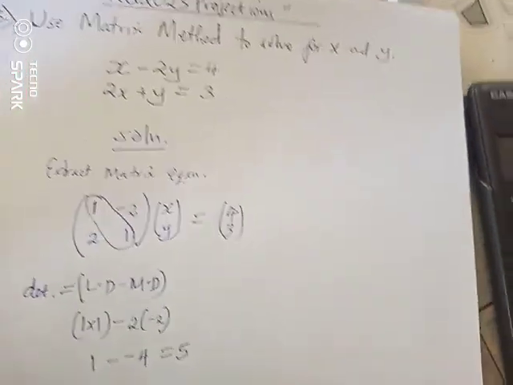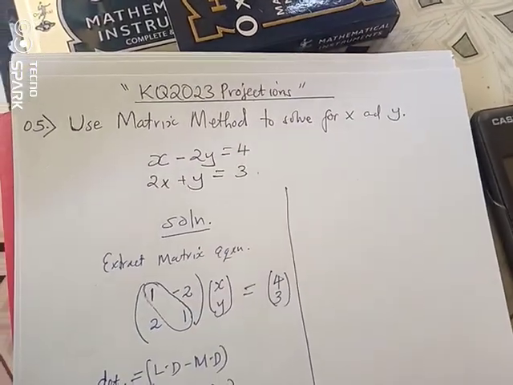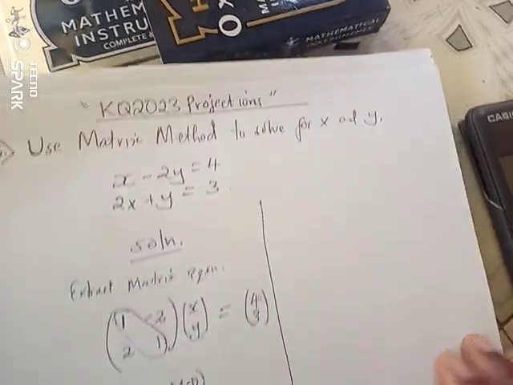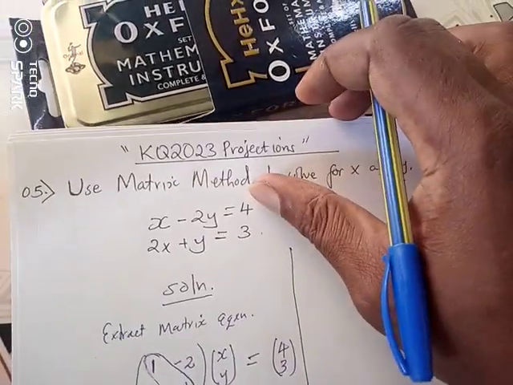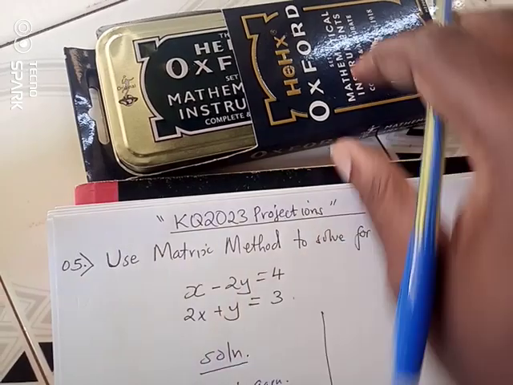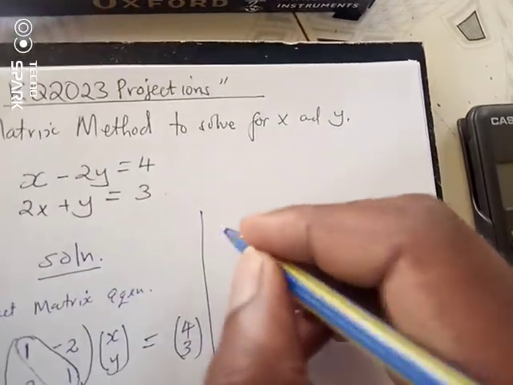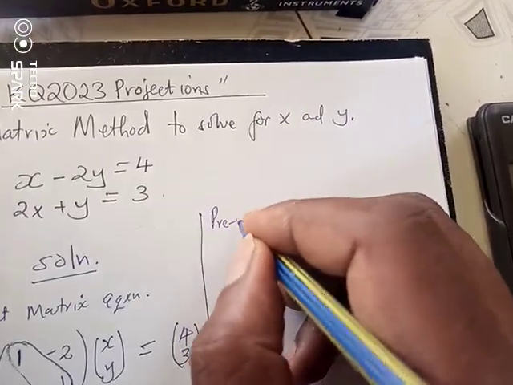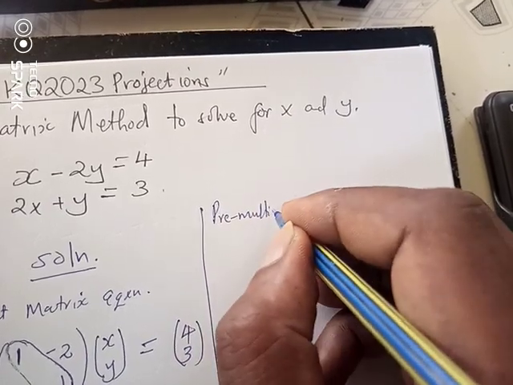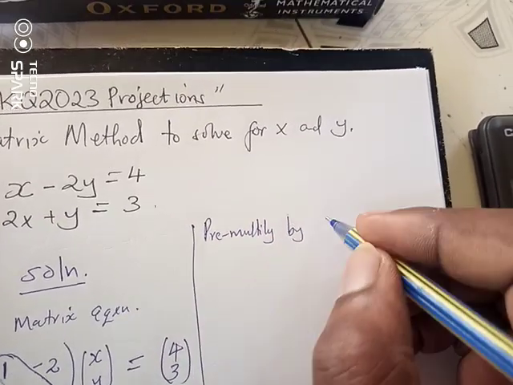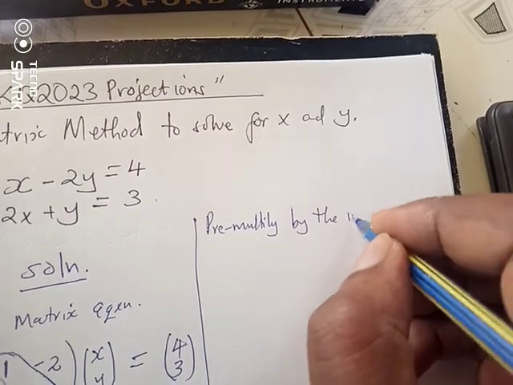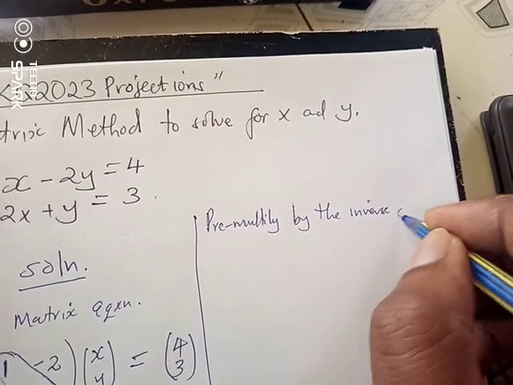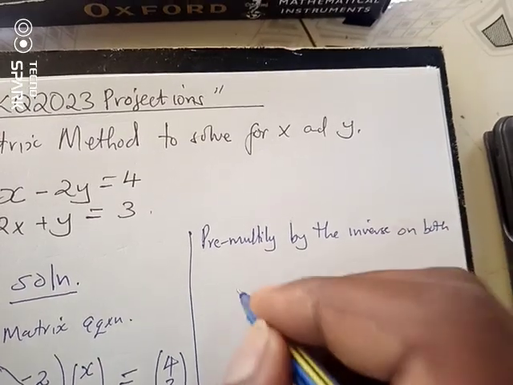So we all know the procedure. Now we are using this to solve the simultaneous equations by matrix method. Guys, come on, I know we know this. We always do what we call pre-multiplication. Pre-multiply by the inverse, usually on both sides of the equation.